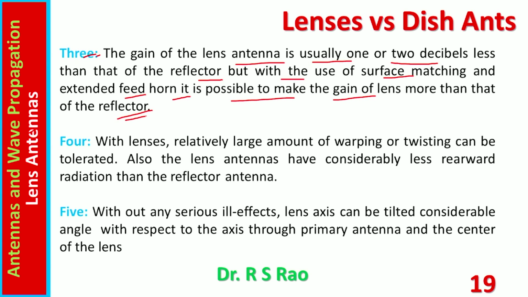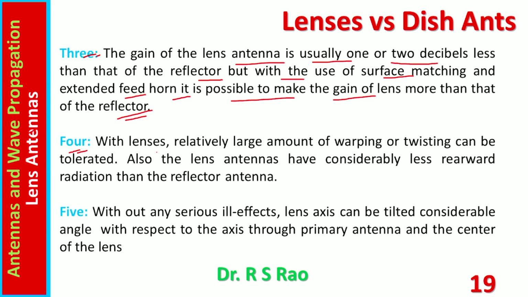Gain wise, in general, lenses are slightly poorer. However, by adopting surface matching and using extended feed horn, it is possible to increase the gain of lenses to the gain level of reflectors.